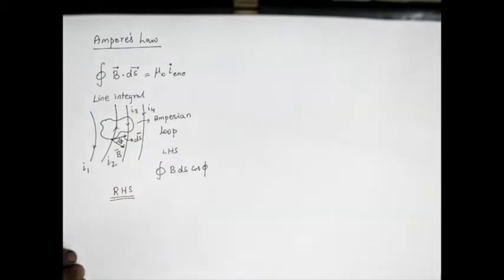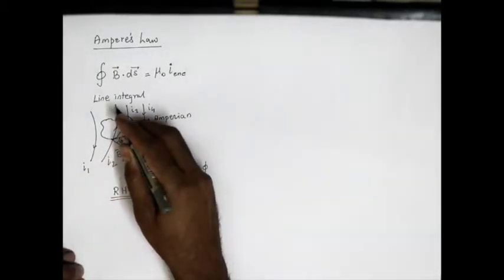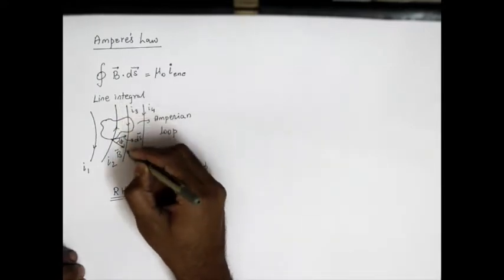So the only wires that will enter into the picture are I2 and I3. But you will notice that I2 is going in this direction, upwards, and I3 is flowing in this direction. So we have to assign a particular sign to these values.